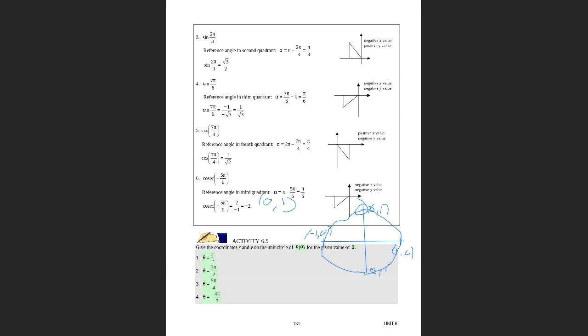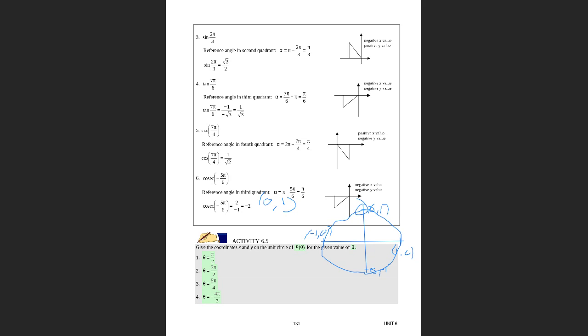Any questions on the first one? Okay, now the second one, it says 3 pi over 2. It is going to be here.